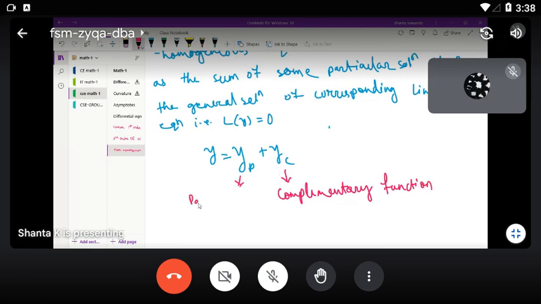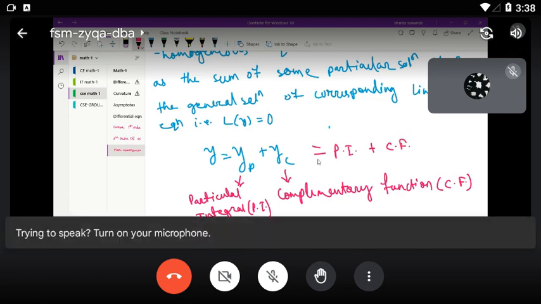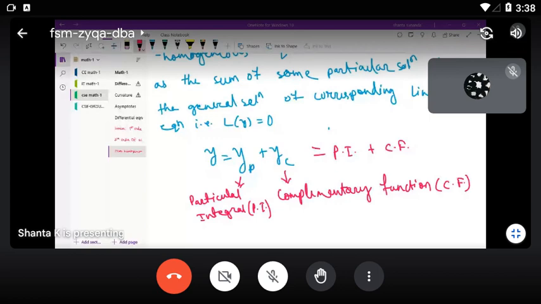So this is the particular integral, PI, and this is the complementary function, CF. So here you can see PI plus CF. So this may also be represented.